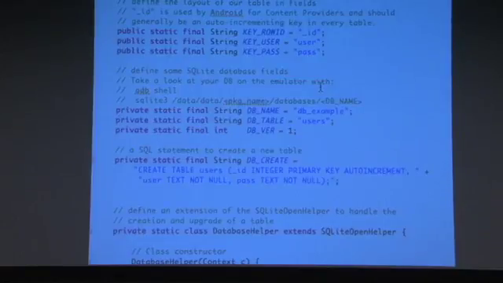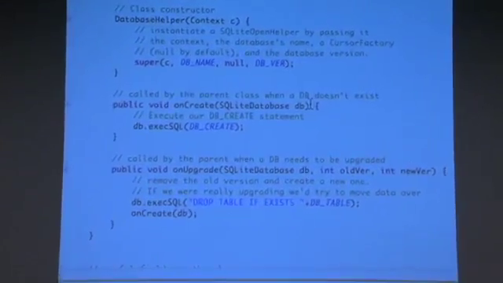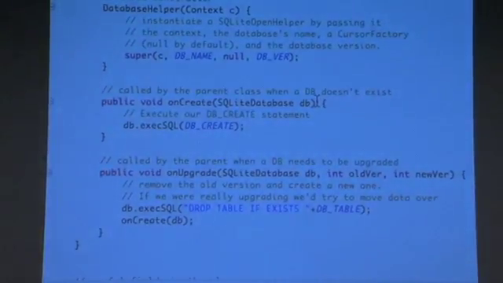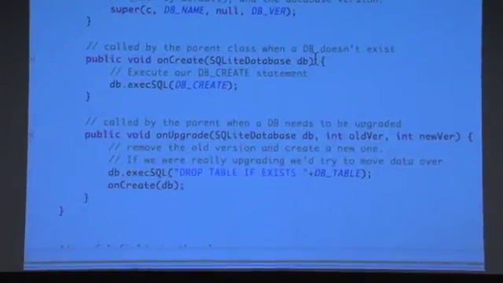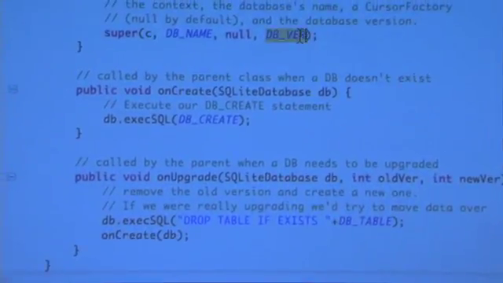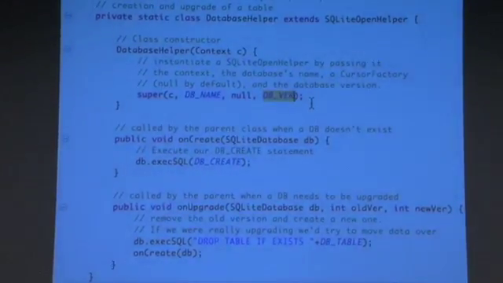Now, if the database has already been created, there is something else that's run as well, this onUpgrade method. Now, onUpgrade is called dependent on the version that you pass to this constructor. Notice that in this constructor, one of the things that we're passing to it is a db_version variable.